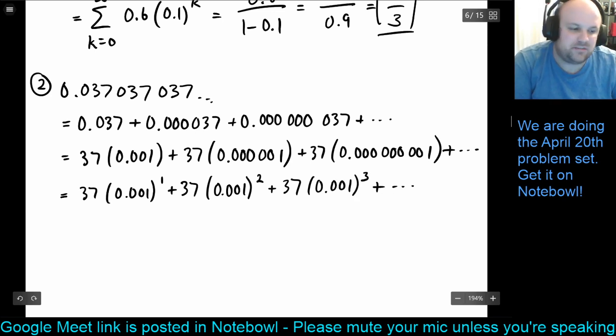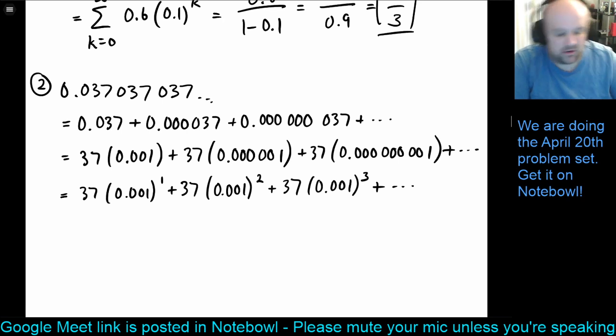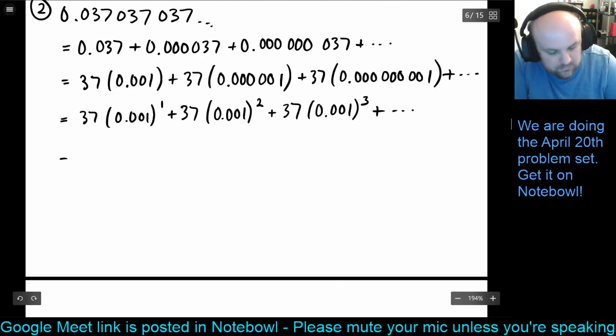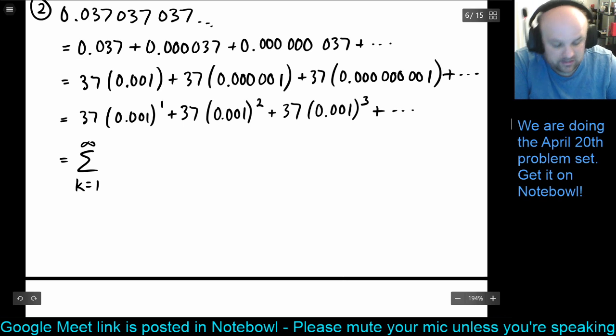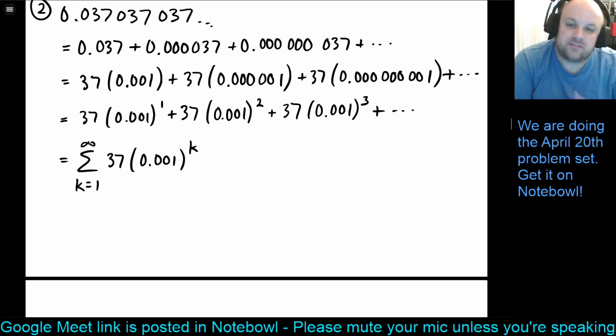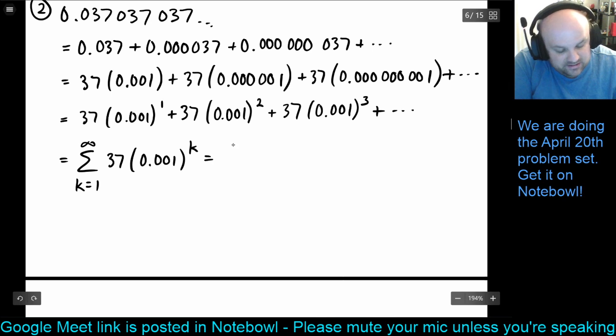Now we're just going to play the same game we did in the last problem. So this is the geometric series. In this case, the easiest way to see this is starting at 1, 37 times 0.001 to the kth power. So again, we need to re-index this. We'll start this at k equals 0 to infinity.